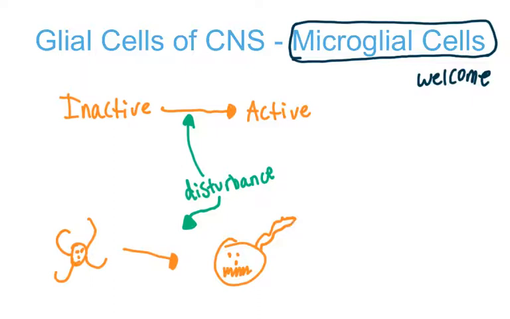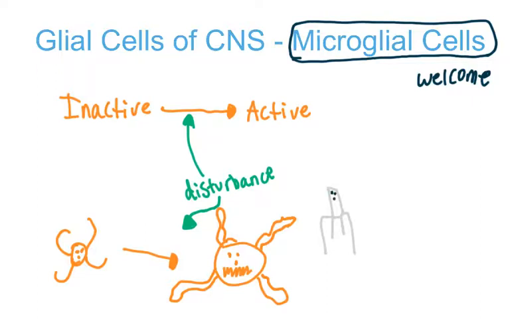Alright, so let's go and draw these microglial cells. And these microglial cells will then actually, let's say we have a virus right here. Alright, let's say we have a virus right here, and let's say that this virus is coming in right in the central nervous system.